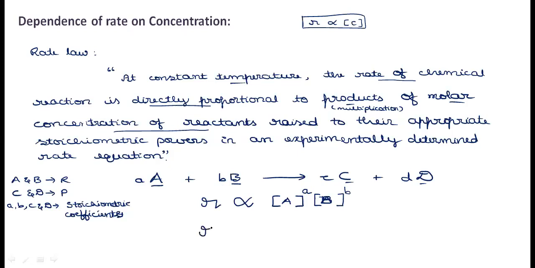Here, by removing the directly proportional sign, we get a constant of proportionality indicated by the small letter k.